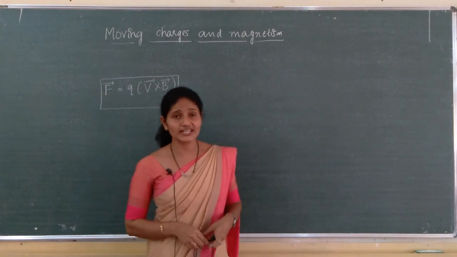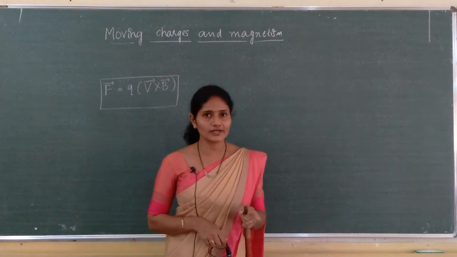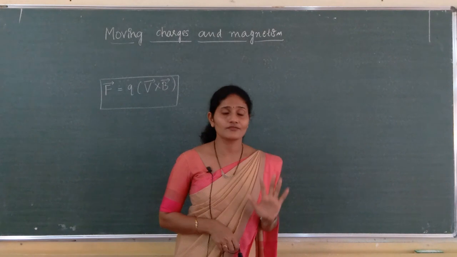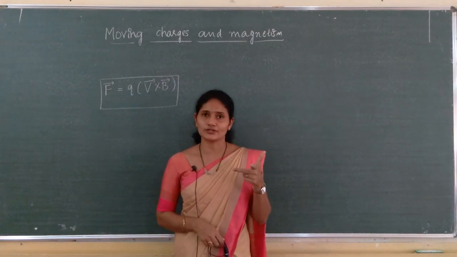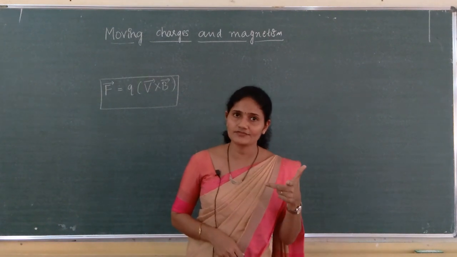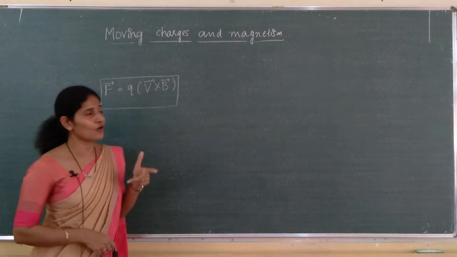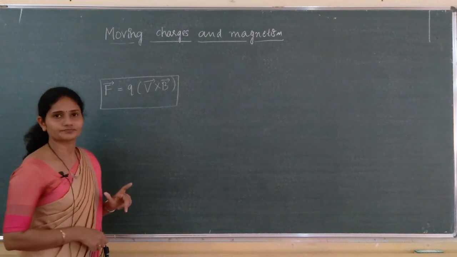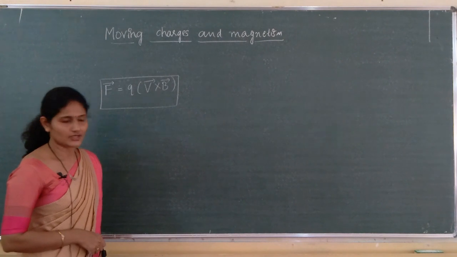In order to denote the direction of velocity, magnetic field and force, we have one rule, that is nothing but Fleming's left hand rule. Using this Fleming's left hand rule, we can give the direction of magnetic force acting on the charge.